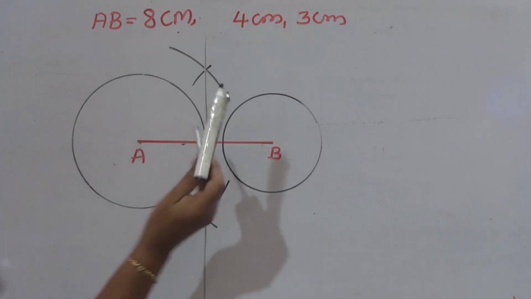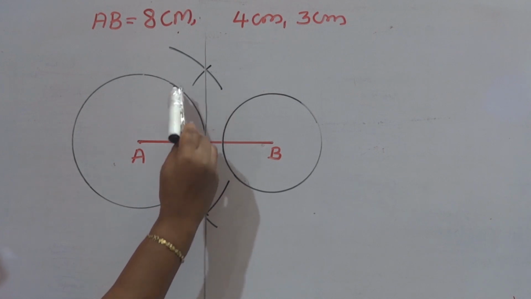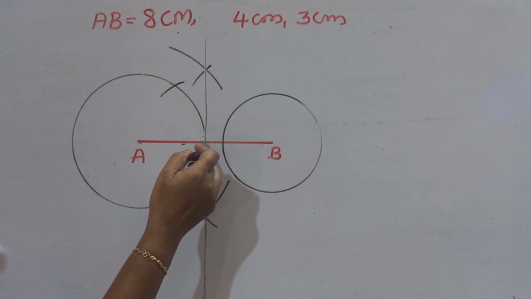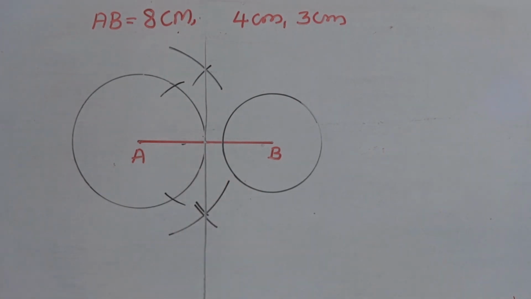Now to draw the tangents, we have to take the distance between the midpoint and the center of the circle. Keep the needle at the center. Make arcs or cuts on the circle like this.